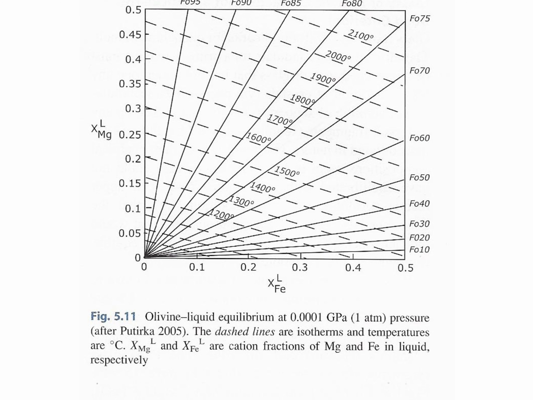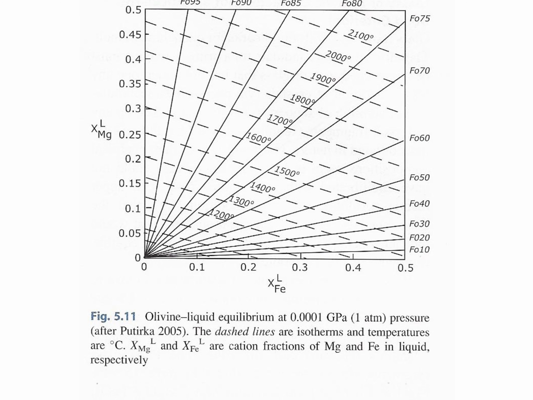Here we have XFe in the liquid on the x-axis, and XMg in the liquid on the y-axis. That is just the Fe-Mg exchange which you can observe in olivine. You have the forsterite, the magnesium-rich olivine end member, and you have the iron-rich olivine end member, which is the fayalite.